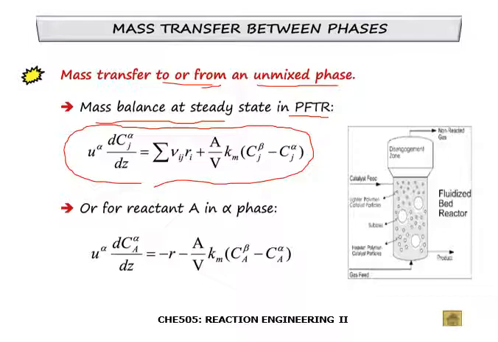Okay. It is the same as this one: the summation of the volumetric rates of different species plus the mass transfer rate. This is the pseudo-homogeneous rate.